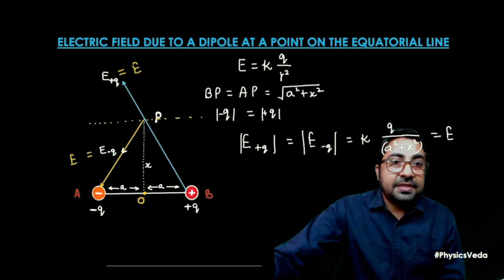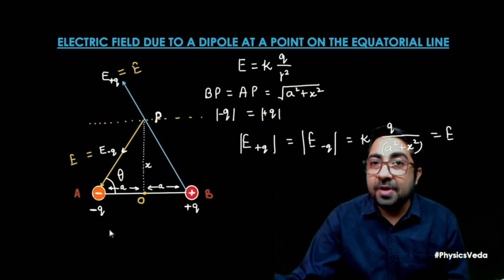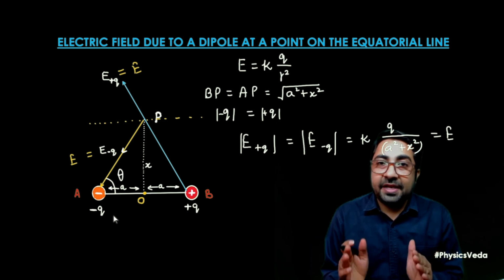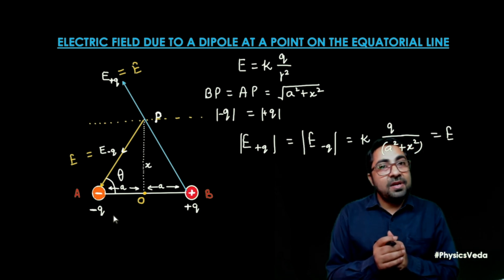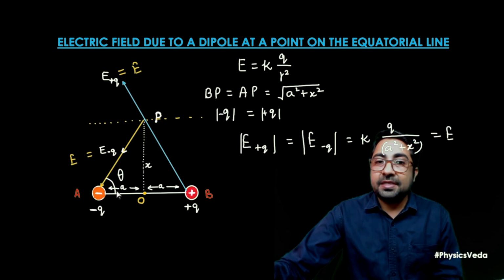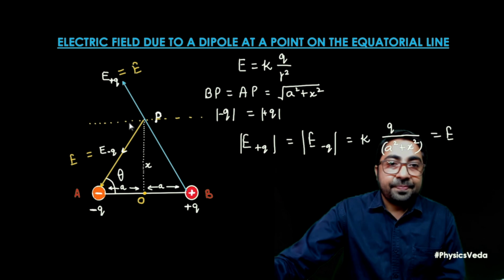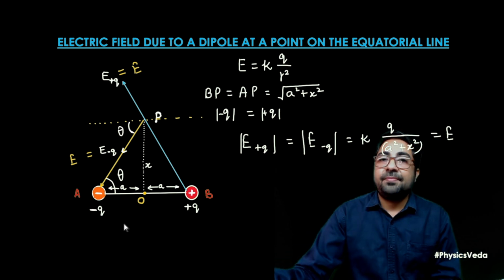So here, let us consider this theta is the angle. Then by the property that if a transversal line is intersecting the parallel line, then the corresponding angles are equal and alternate angles are also equal. So if this angle is theta, that is angle PAB is theta, then this angle is the alternate angle here. This is also theta.